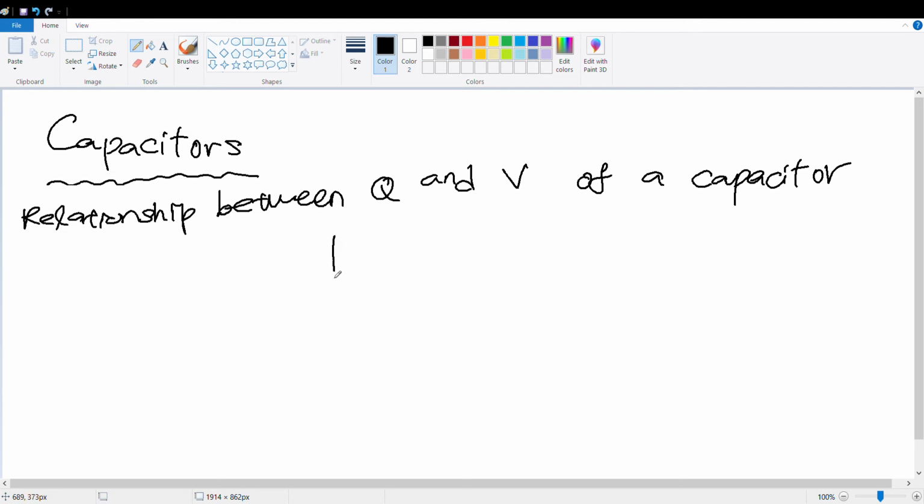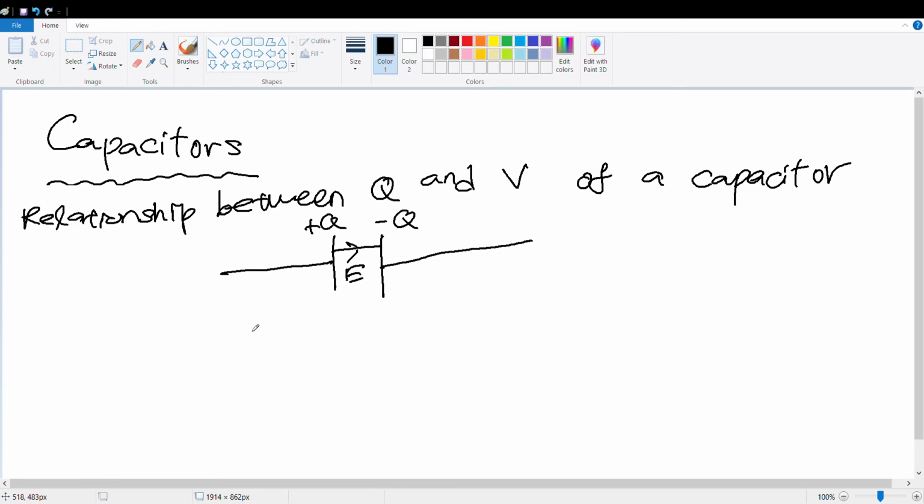So for a charged capacitor, this is positive Q and this is negative Q. The electric field strength flows from positive to negative. If we have higher charge on the positive plate, the potential difference produced between the two plates will go higher.